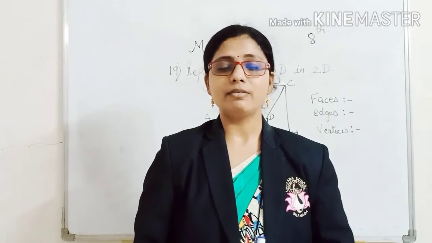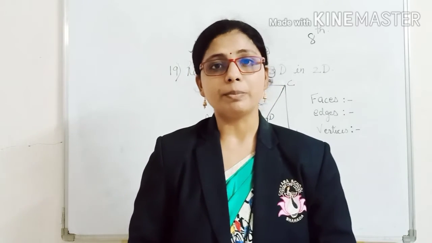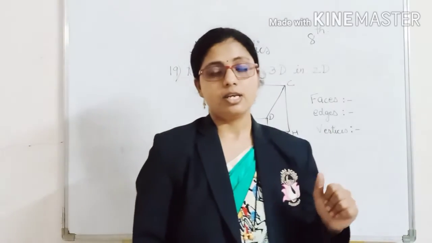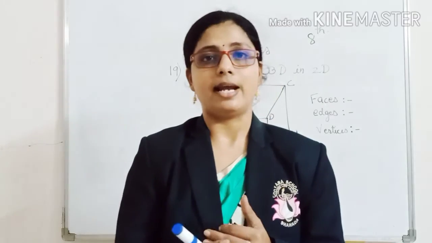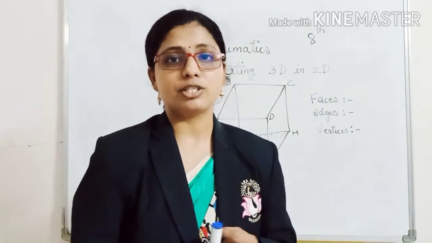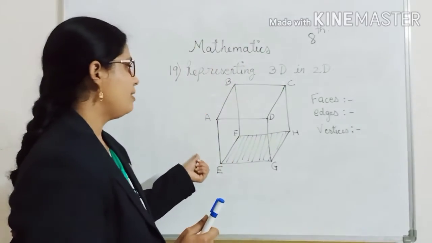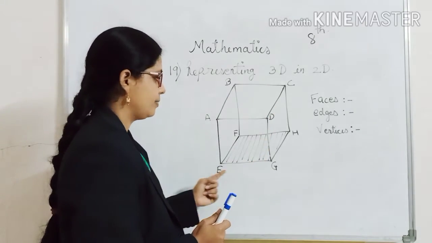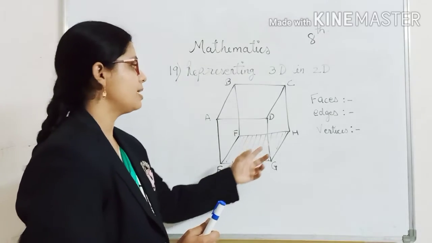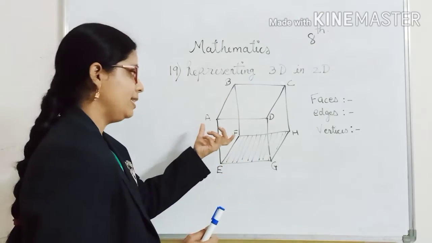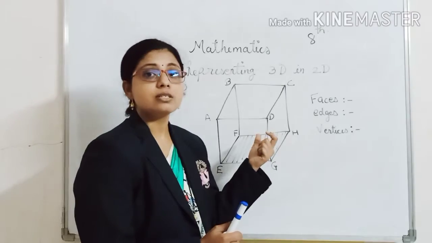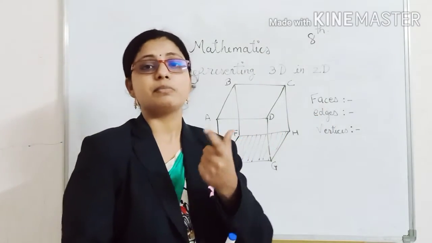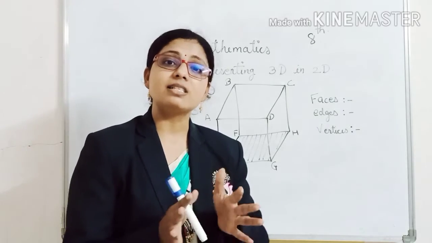Now let us have a look at the new topic, that is faces, edges and vertices. To make it understood, I have one three-dimensional figure here where we can see that all the names are given, A, B, C, D. So in this diagram we have to observe what a face is.